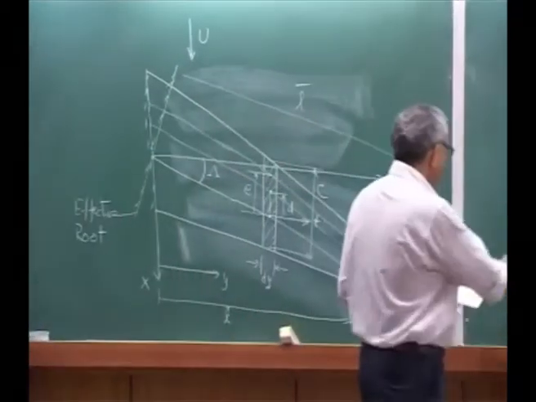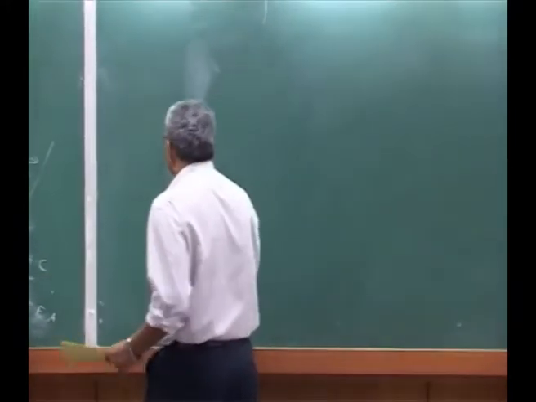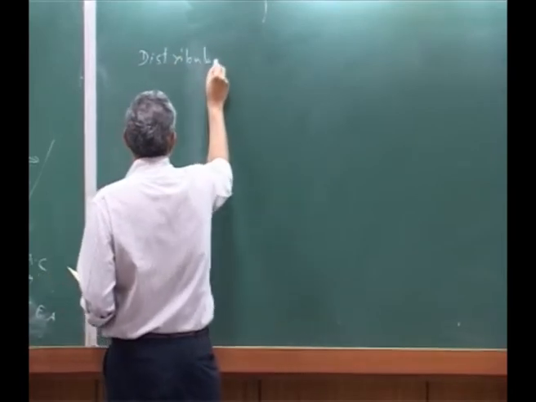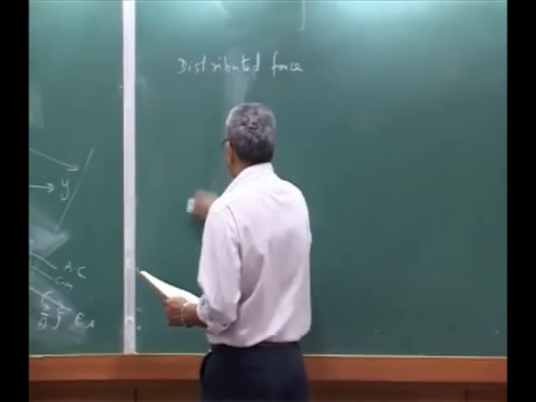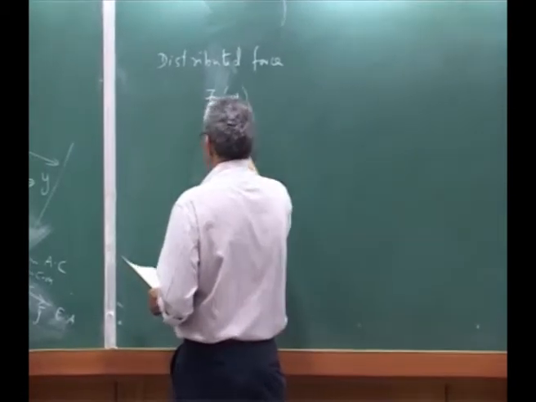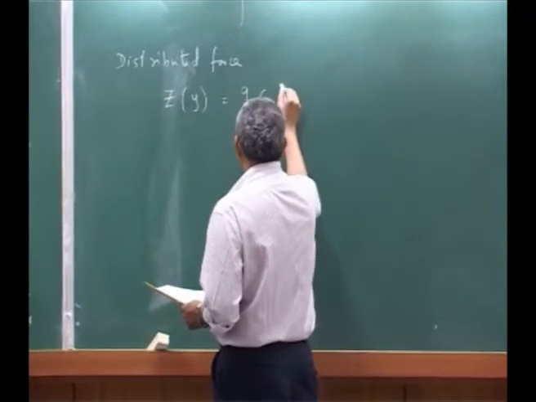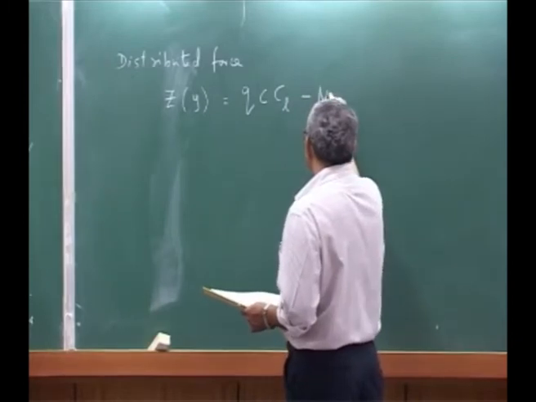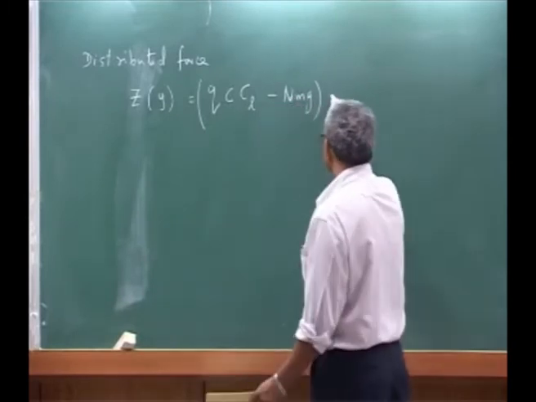Okay. So let us write the distributed force. Distributed force, I use the symbol Z, y. This is nothing but dynamic pressure, chord, CL minus N m g into dy.